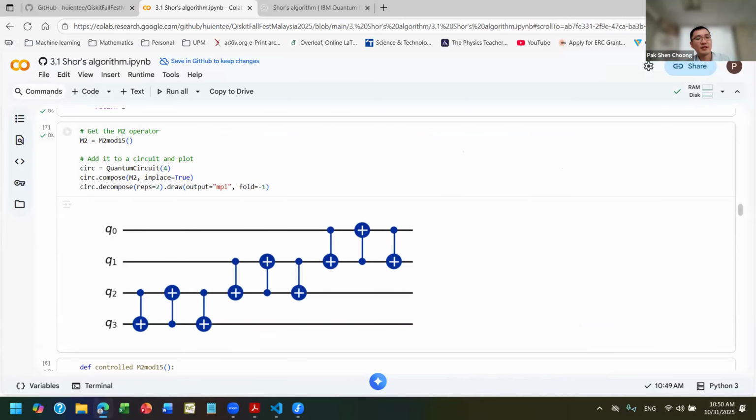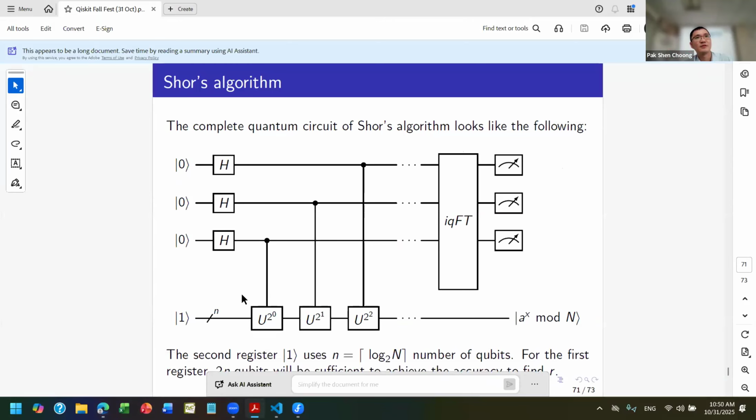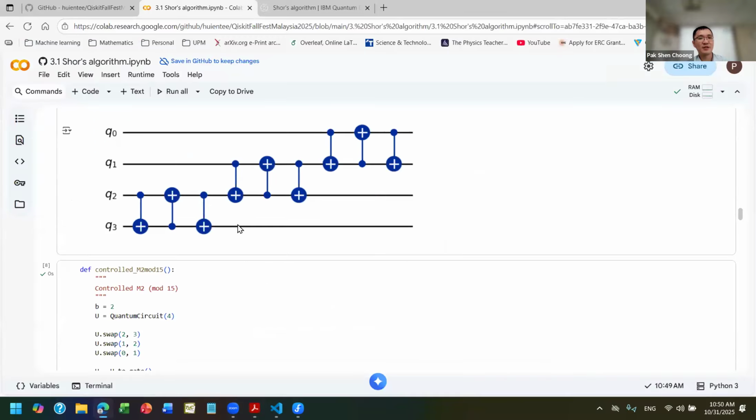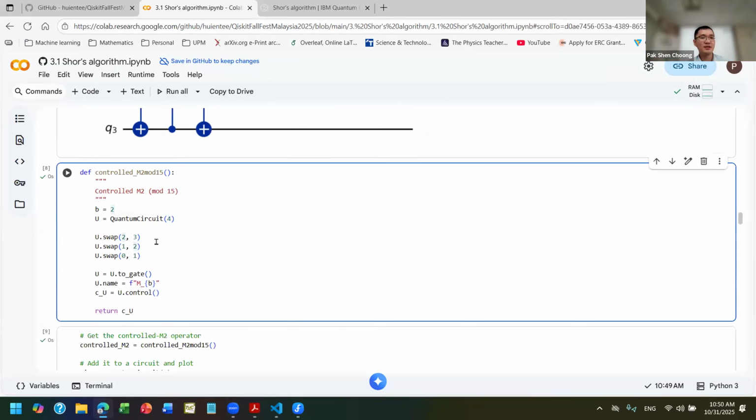So this M2 operator is your U2 naught, the unitary matrix. But this is just the unitary matrix. You still have a control qubit on top. Your control qubit here controls whether or not you want to apply this. So in reality, after you have the unitary matrix, which is just a permutation matrix, you need to add in a control qubit into it.